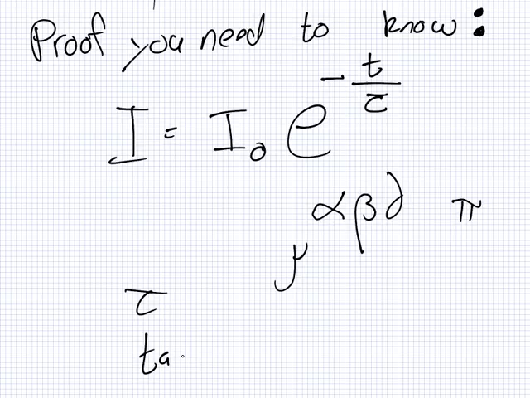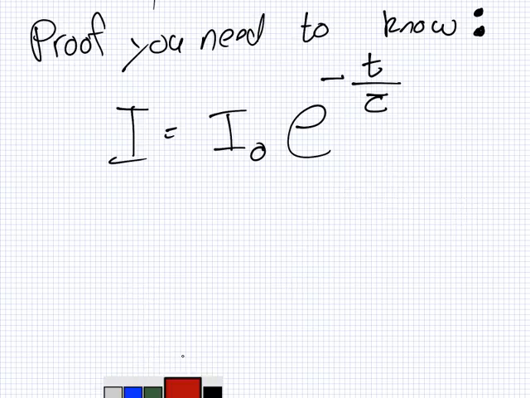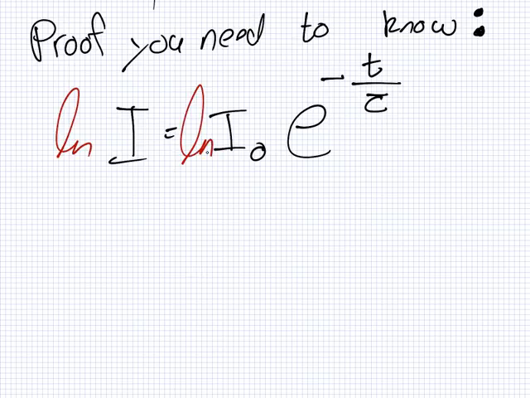Alright. Okay, so you need this proof in the exam. So what we do first is we put log on both sides. On the left I have log I, but what happens on the right? The t over tau from the exponential will come down.